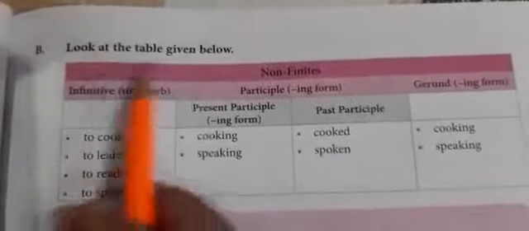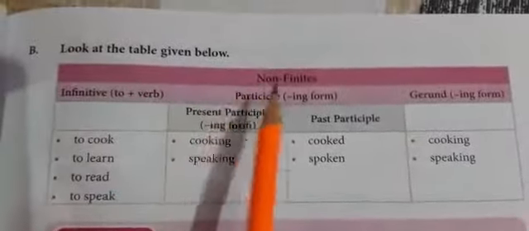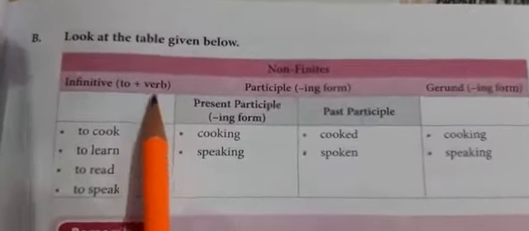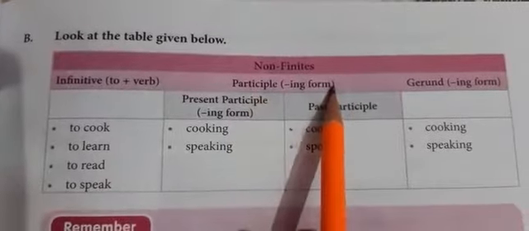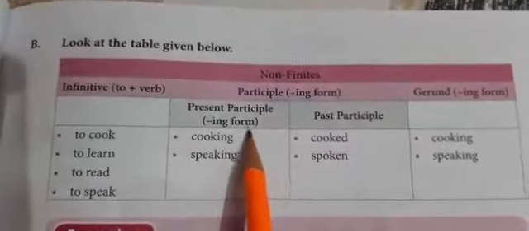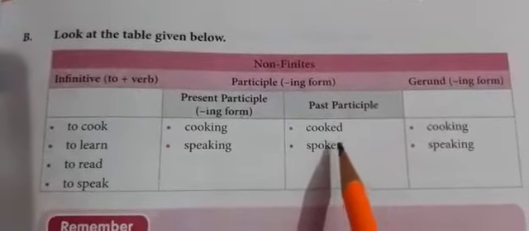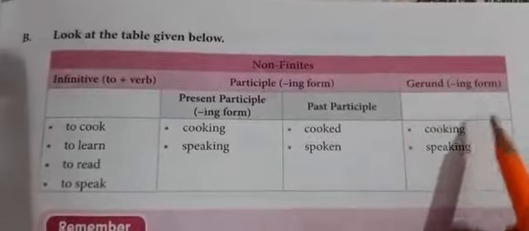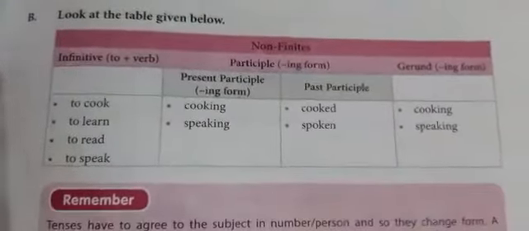And look at the table given below. We have discussed it. Non-finite: infinitive, to plus the verb; participle, present participle ing form, past participle ed or en form; and gerund, ing, cooking and speaking.